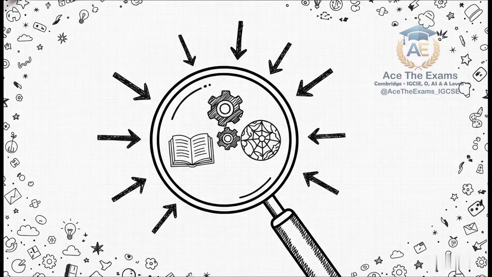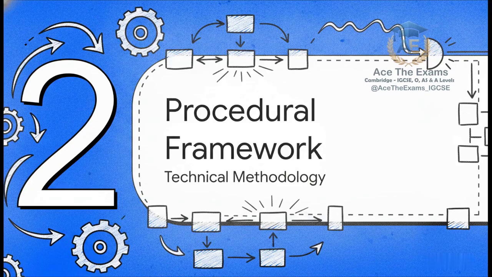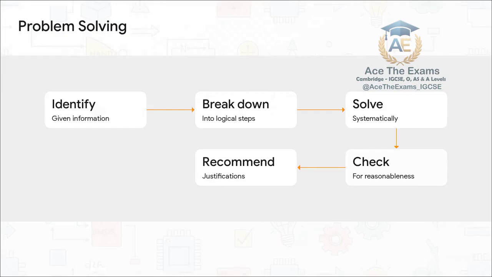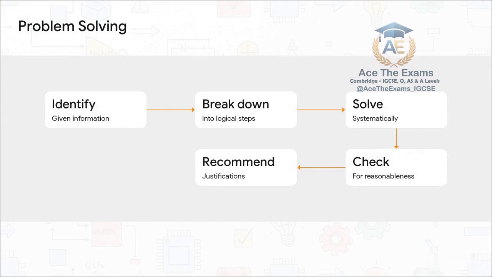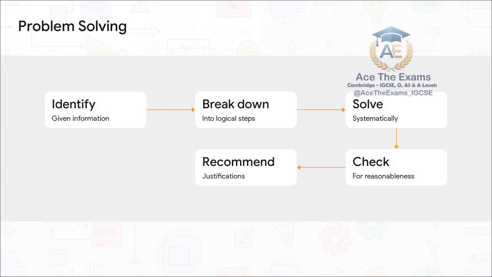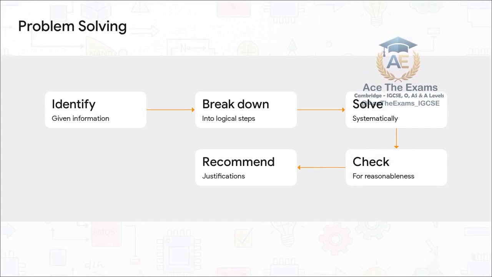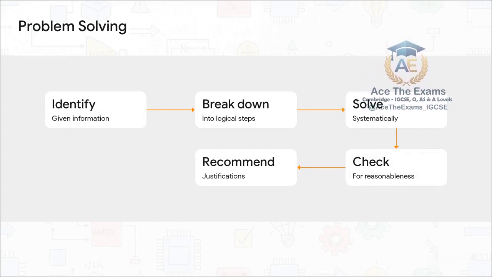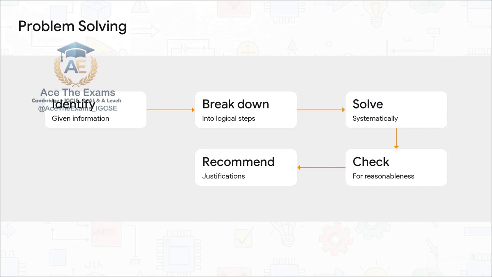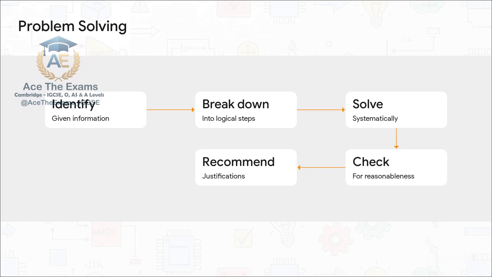Moving right along to Section 2, the procedural framework. When looking at how to actually translate theory into actionable problem solving, the Deconstruct, Solve, Evaluate framework completely stands out. Examiners are actively hunting for this exact step-by-step sequence when they grade algorithmic thinking. First up, identify the given information. What are your inputs?